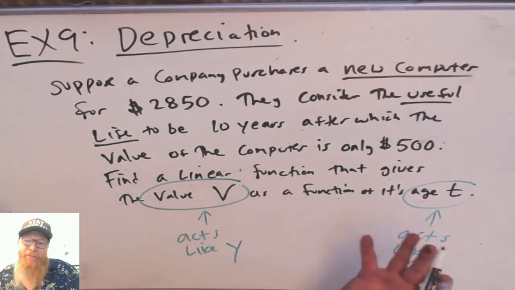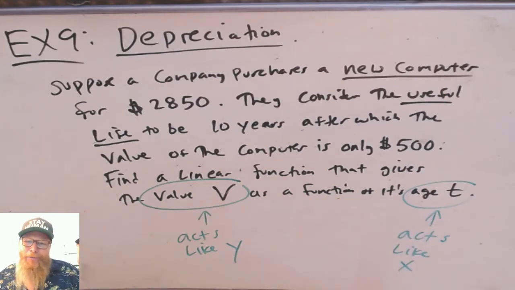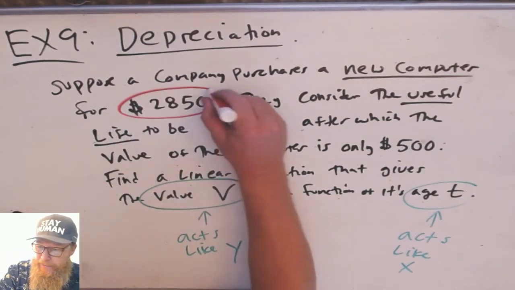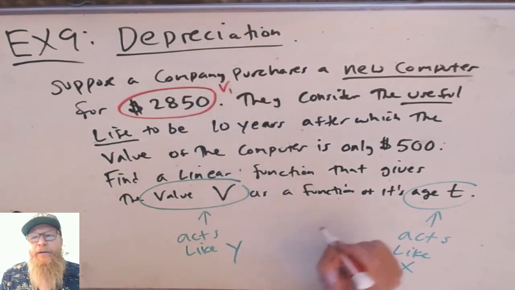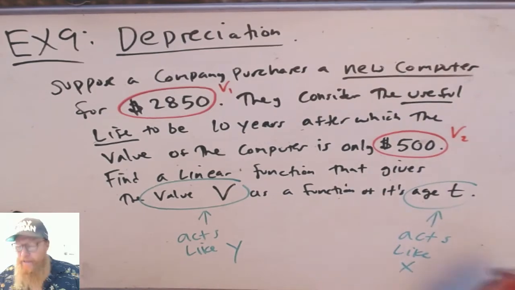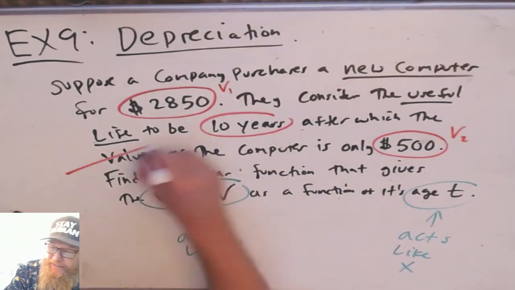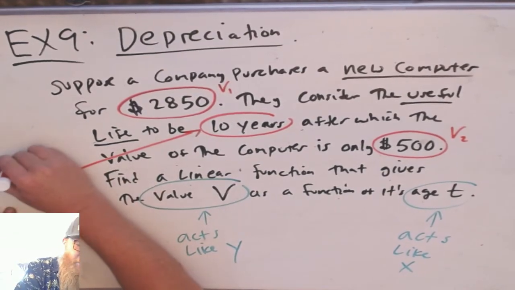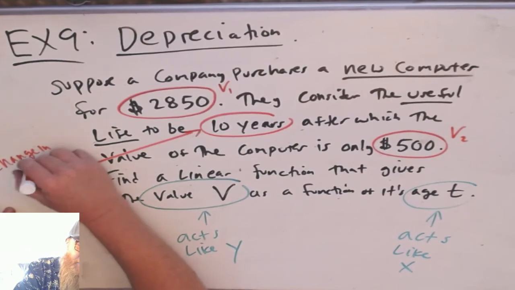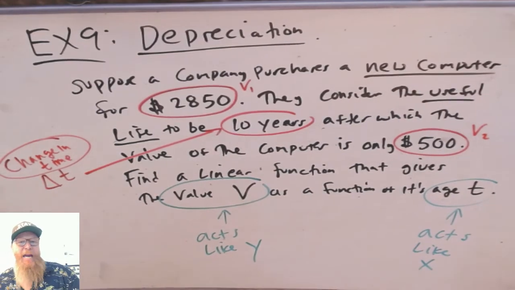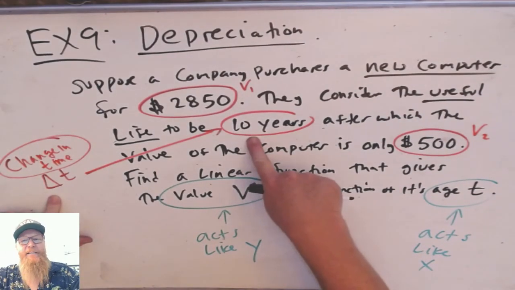You could draw a graph if you wanted to. I'm not going to. I'm just going to go ahead and do it. So I've got my V1, my V2, and then I've got my delta t here. Delta t is also called the change in time. That's 10 years.